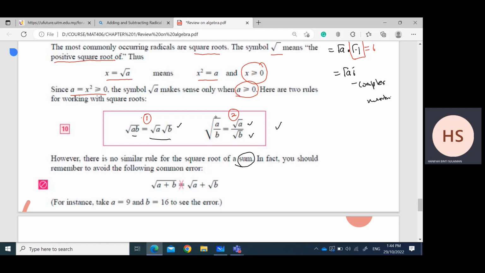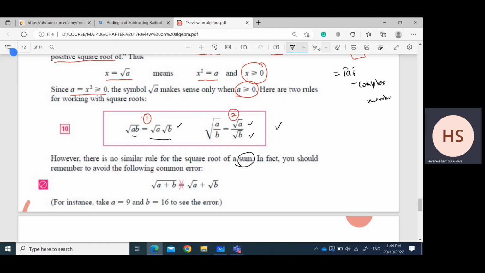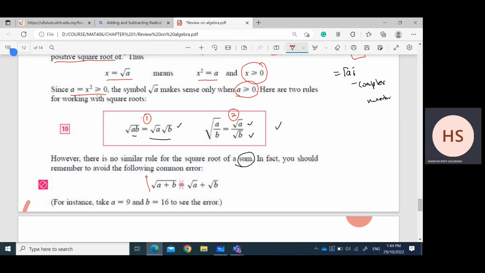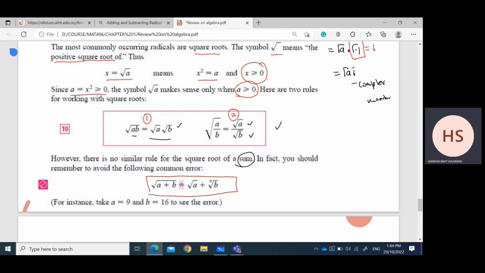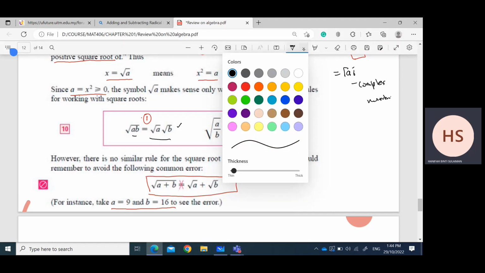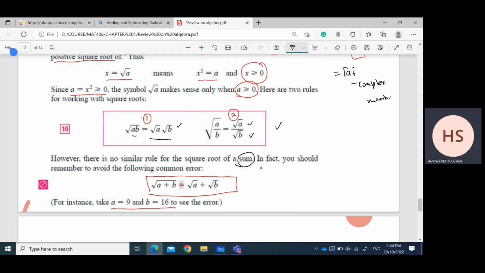Okay, so based on this, square root of A plus B does not equal square root of A plus square root of B. For this case, we can do an experiment where we take A as 9 and B as 16. Okay, so kita boleh buat satu eksperimen di mana nilai A adalah 9 dan nilai B adalah 16.